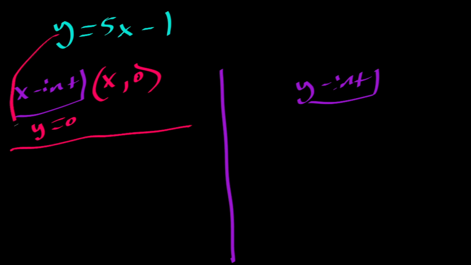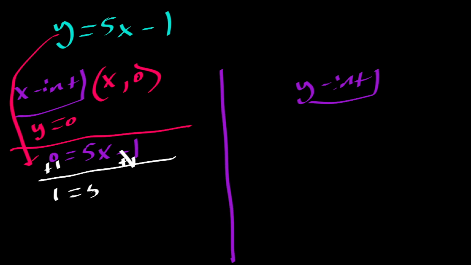Now if I take this equation and bring it down, y equals 5x minus 1, I'm just going to take out the y and replace it with 0. So I'm going to say 0 equals 5x minus 1. Now I'm just going to solve the equation. I would add 1, and I'll do this fairly quickly: 1 equals 5x, and then I would divide by 5, so x equals 1/5.